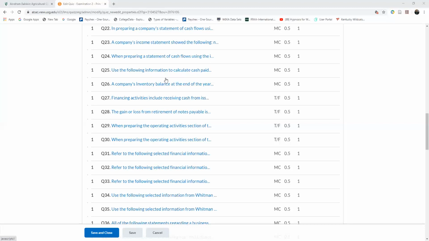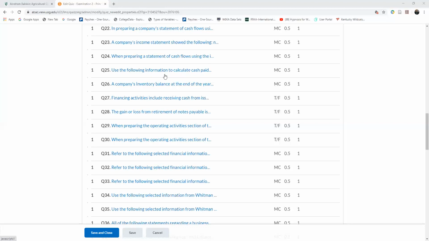So investing activities have to do with if I buy stock in another company, okay? I'm not talking about my own stock now. I'm not talking about our company stock. I'm talking about stock in another company. Well, that's an investing activity, okay? And if I buy it, then the cash is going down. And if I sell it, cash is going up.